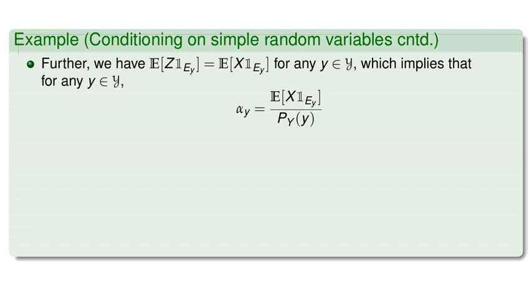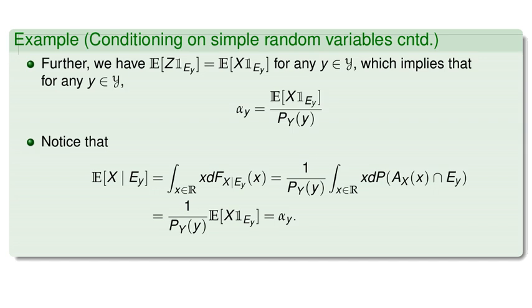Thus, alpha sub y times P sub Y of y equals expectation of x indicator E sub y. Solving for alpha sub y, assuming P sub Y of y is positive, we find that alpha sub y equals the expectation of x indicator E sub y divided by P sub Y of y.